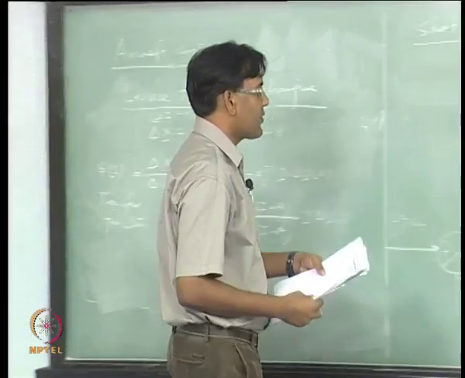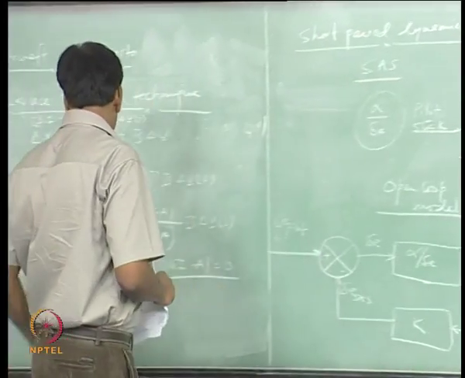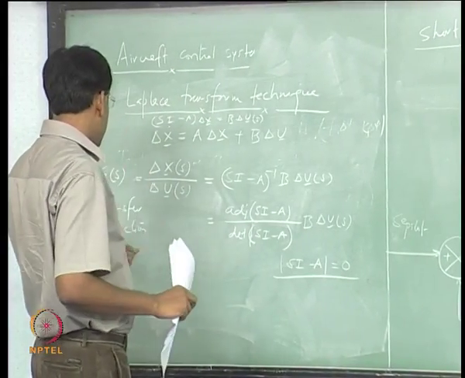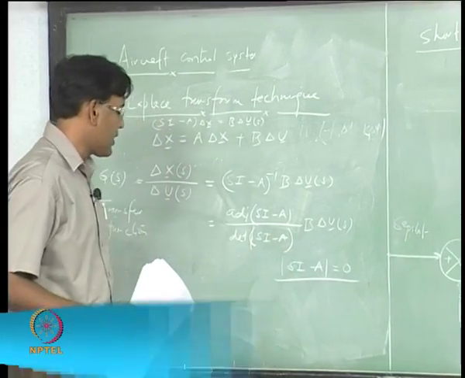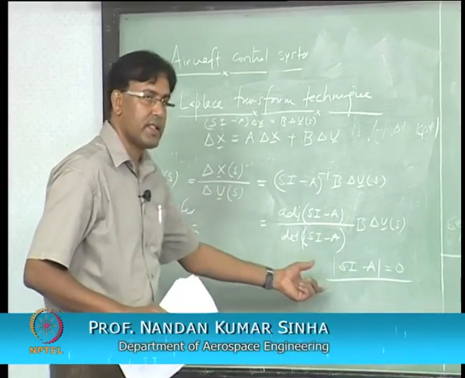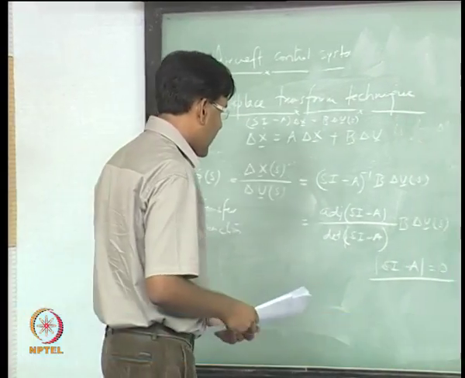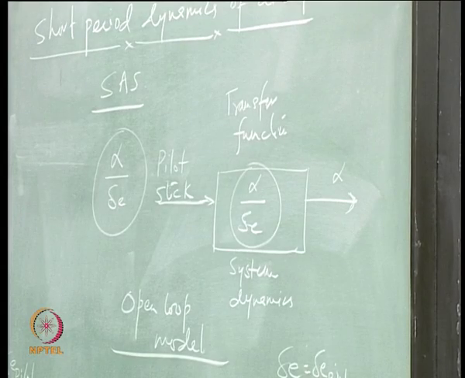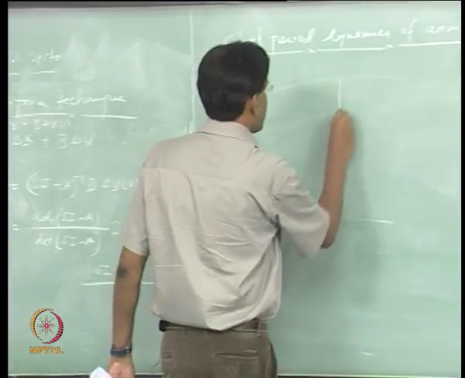So, this alpha over delta E in this case is the transfer function for the open loop model, and the response is governed by the solution of this in S. S is also similar to eigenvalues, and is here called characteristic values.